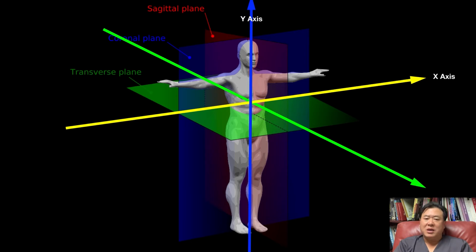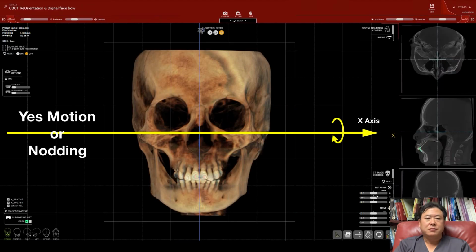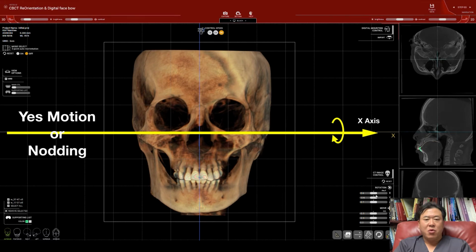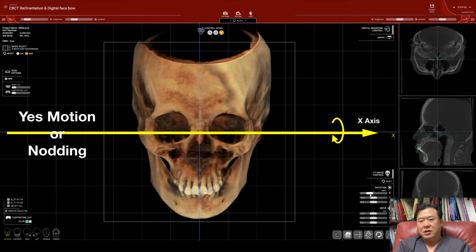In the human body, when you spread your arms widely, that is the x-axis. The y-axis is parallel to the long axis of your body vertically, and the z-axis is projecting to the front of your body. When your head rotates in the x-axis, there is a nodding motion, or I call it the yes motion.